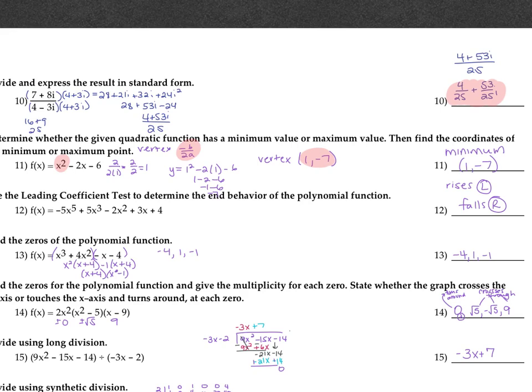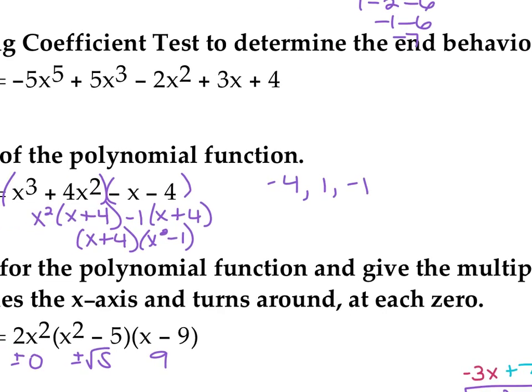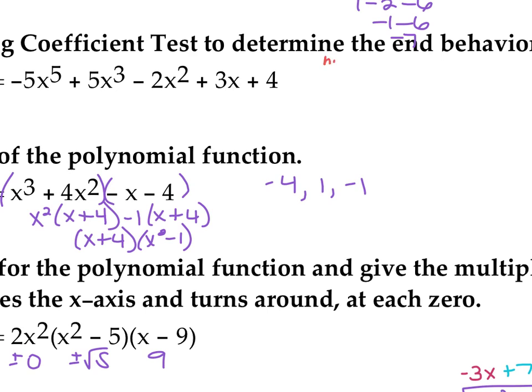Number 12 is leading coefficient test. So remember that if the highest exponent is even and positive, then they both point up. If it's negative and even, then they both point down.